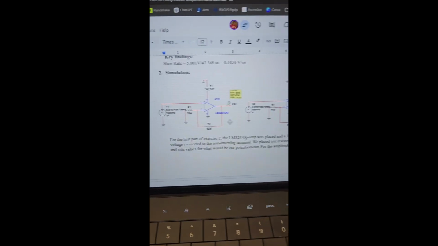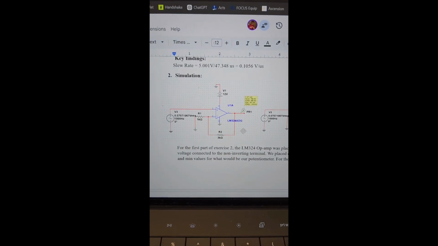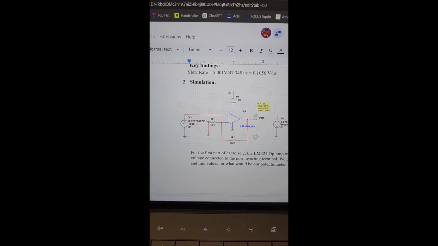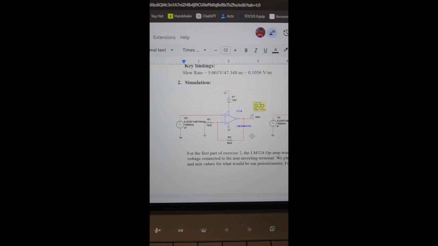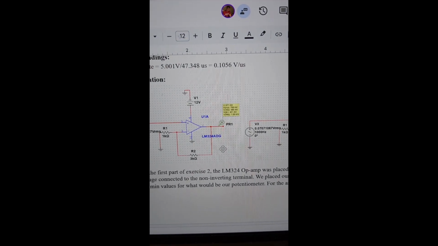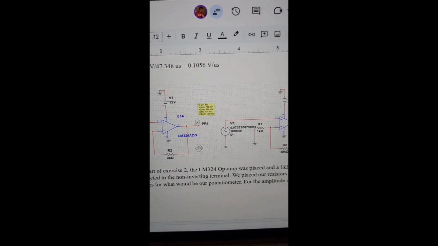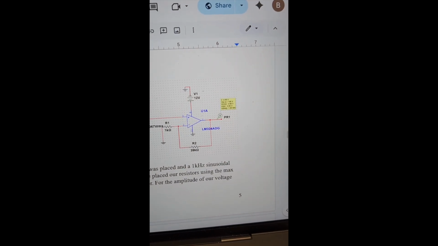And we can see that from the voltage values: voltage in being 200 millivolts peak to peak, and our outputs being around times 4 and around times 40.